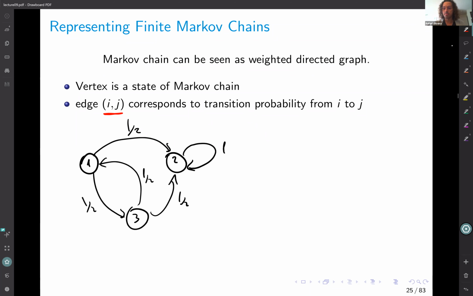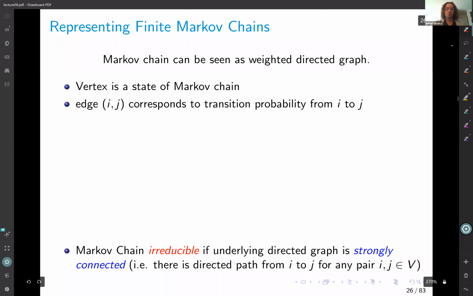Okay. Now we say that a Markov chain is irreducible if the underlying directed graph, if you forget about the weights and just look at the directed graph without the weights, is strongly connected. What I mean by strongly connected is that there's a directed path from i to j for any pair i, j. So for example, here's the example that I gave before, if I have 1, 2, 3.